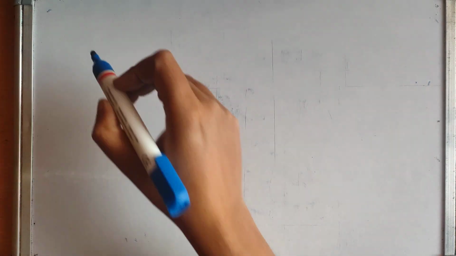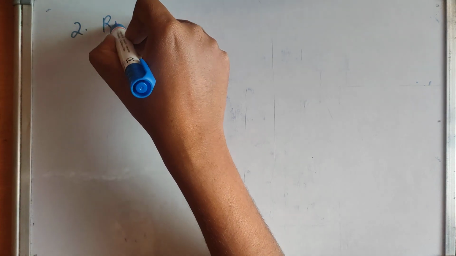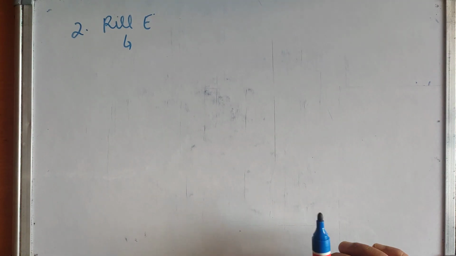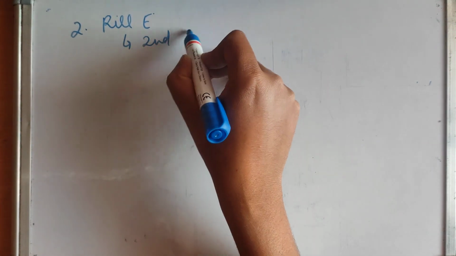Second type of water erosion, that is rill erosion. So it is the second stage of erosion.